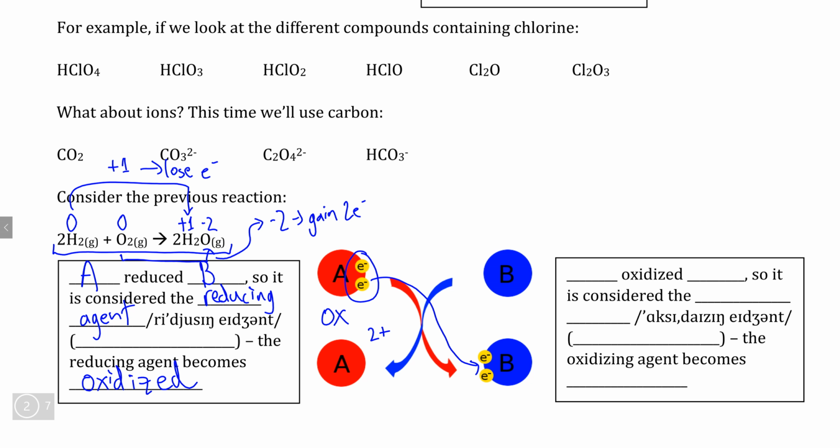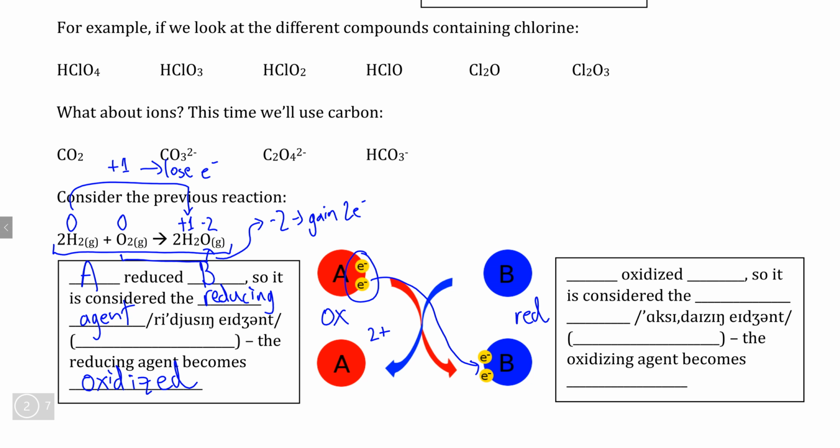So again, this terminology appears a little bit confusing, but remember that reduction is the gaining of electrons, meaning that because A gives away its electrons, it causes the other compound or the other element B to become reduced, and in the process of reducing the other element in this question, it becomes oxidized.